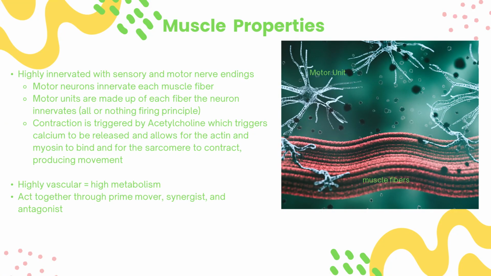As well, like I said earlier, muscle is highly oxidative, highly vascular tissue, which means it has a high metabolism. And when we exercise, that metabolism increases. As well, muscles are awesome because they work together. So we have the prime mover of a muscle, which is going to be the muscle that is producing the most force for that specific movement.